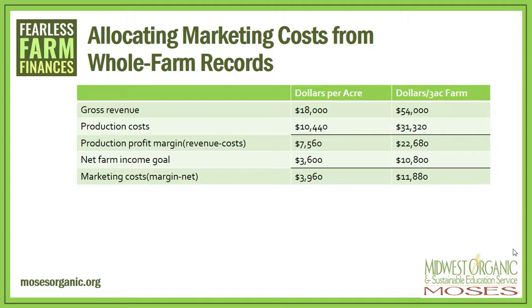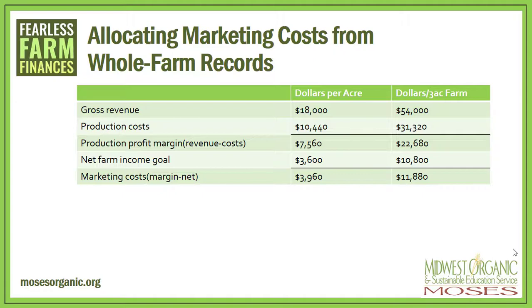So you say, okay, is that enough? Given the gross revenue, your production cost, your net farm income percentage, and the amount of dollars left, you can multiply that by your 3-acre farm.